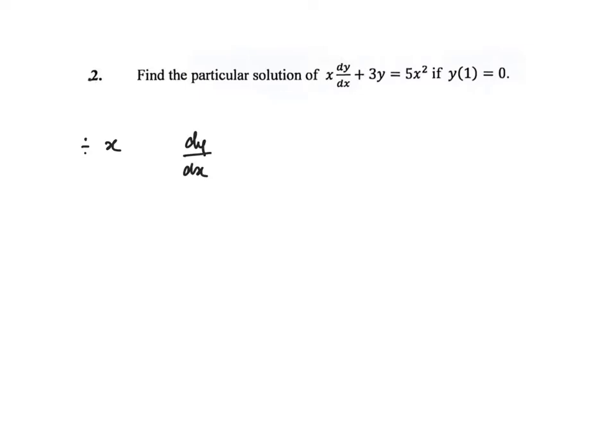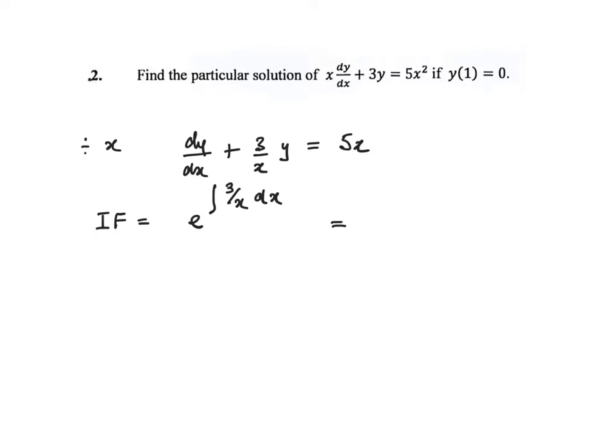equals 3 over x, I beg your pardon, plus 3 over x y equals 5. Now 5x squared divided by x is 5x. So the integrating factor is e to the integral of 3 over x dx.